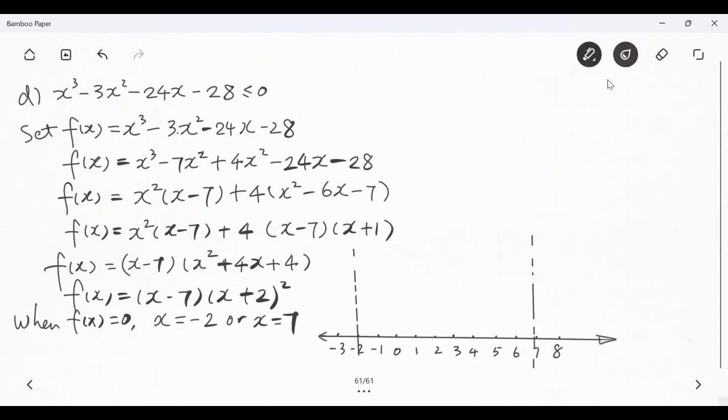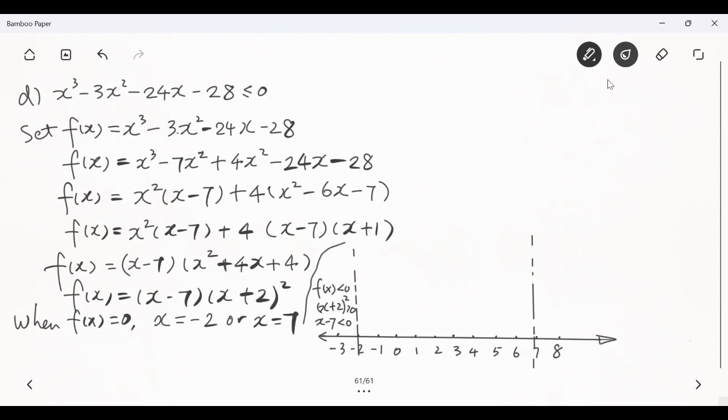And from the left side, where x is less than negative 2, we check that x minus 7 less than 0. We can take x equal negative 3, right? Negative 3 minus 7 is negative 10, so it's negative. And then x plus 2 squared is always more than 0, right? So f(x) is less than 0, because one negative, another one is positive.